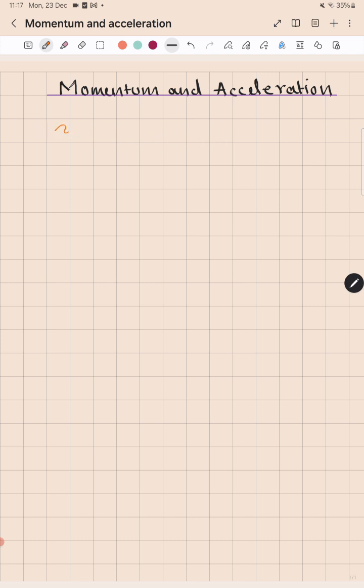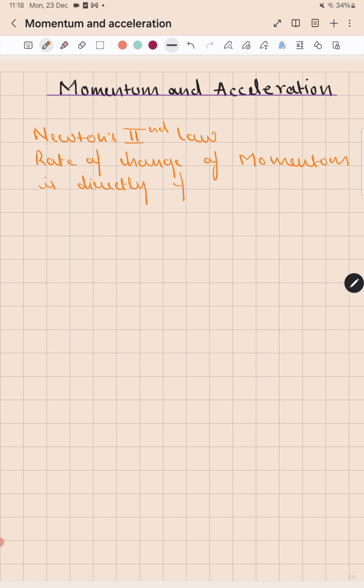So the statement of Newton's second law: according to Newton's second law, the rate of change of momentum is directly proportional to the applied force.